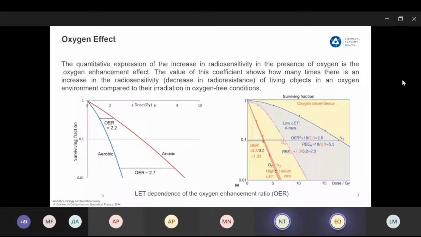If the solution contains impurity molecules capable of competing with macromolecules for the active products of water radiolysis, for example, an antioxidant, then this leads to a decrease in radiation damage to macromolecules. In a living system, taking into account only the oxygen content is insufficient.